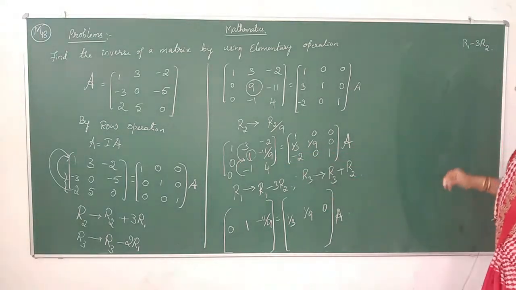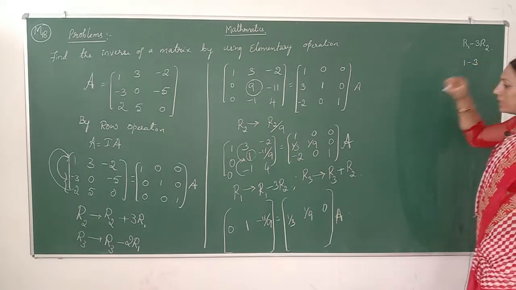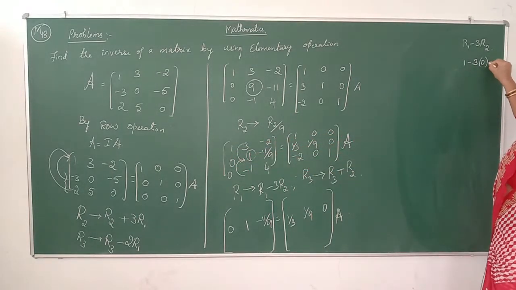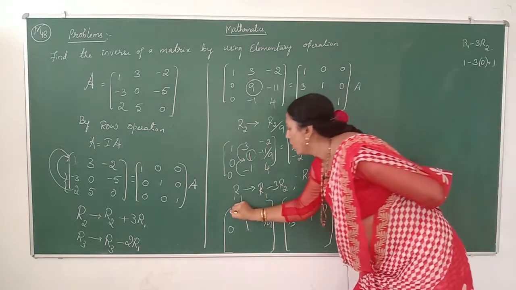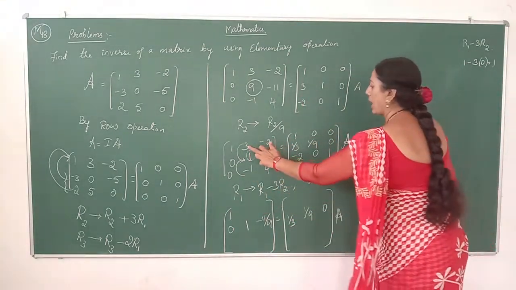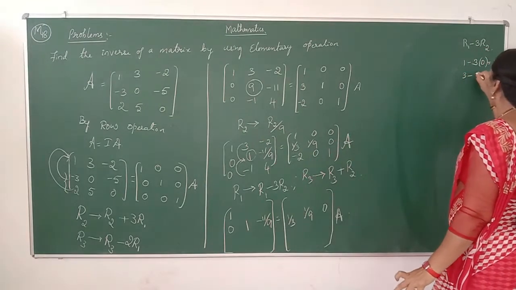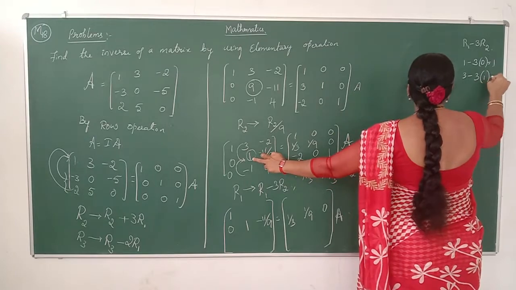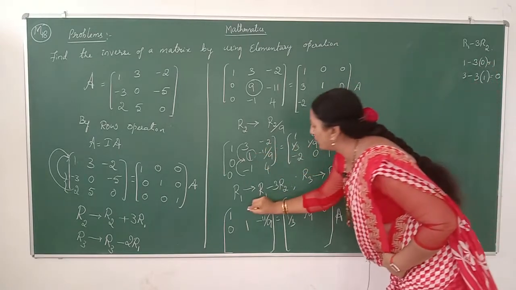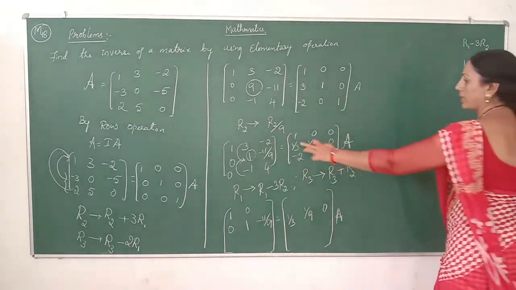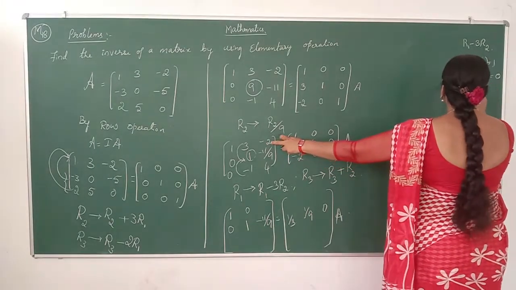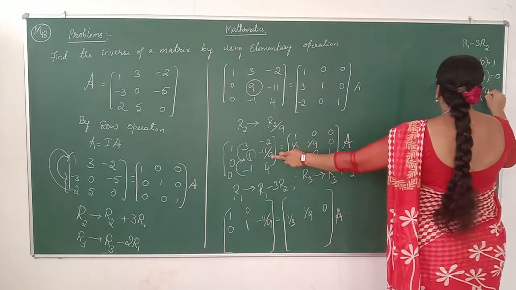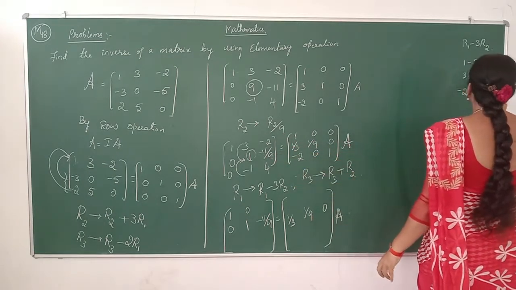R1 is 1 minus 3 times of corresponding R2 is 0. That is 1 minus 3 into 0 is 1. Similarly, R1 is 3 minus 3 times of corresponding R2 is 1. That is 3 minus 3 is 0. Now, the third element, R1 is minus 2 minus 3 times of corresponding R2 is minus 11 divided by 9.